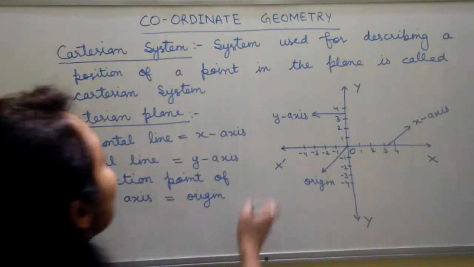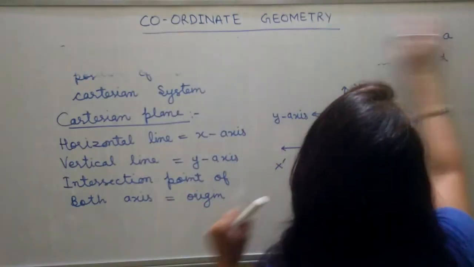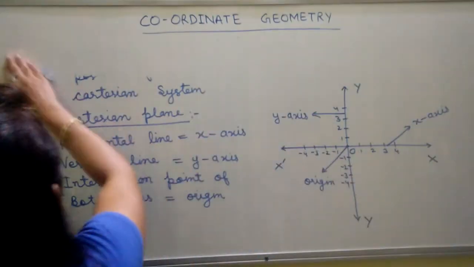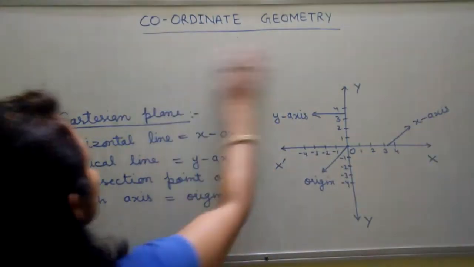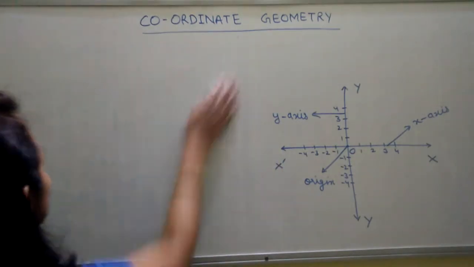Before starting the quadrants, I want to share one term with you, that is ordered pair. We have to plot the points on the Cartesian plane.